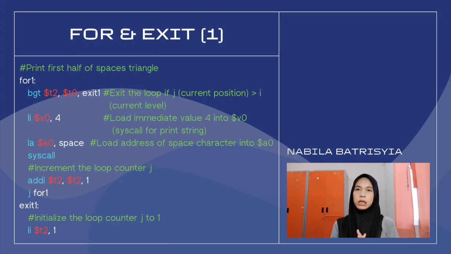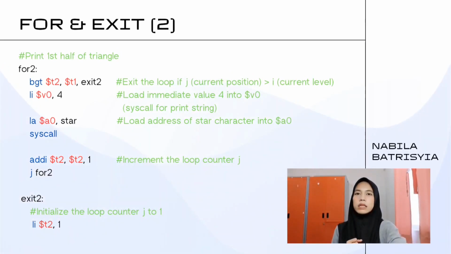So in summary, the code here is used to print the space character before we start printing the star symbol for the pyramid. Now we see the next MIPS code, which is to print the star symbol for the first half of the pyramid.